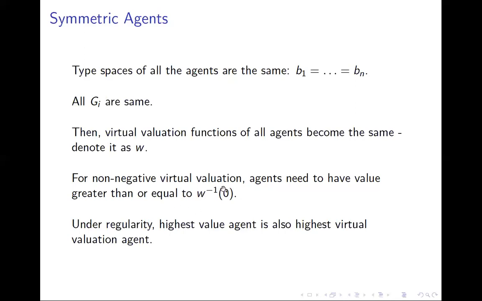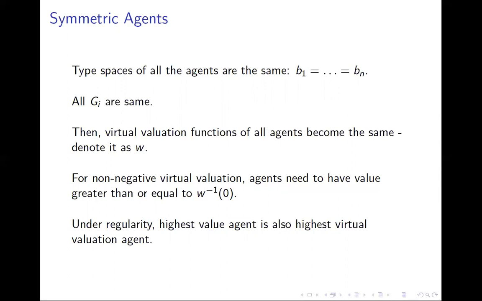So now everybody has the same reserve price W inverse 0. So if all the agents lie below W inverse 0, then the object is not allocated. If a single agent lies above W inverse 0, its value, then whoever has the highest virtual value wins.